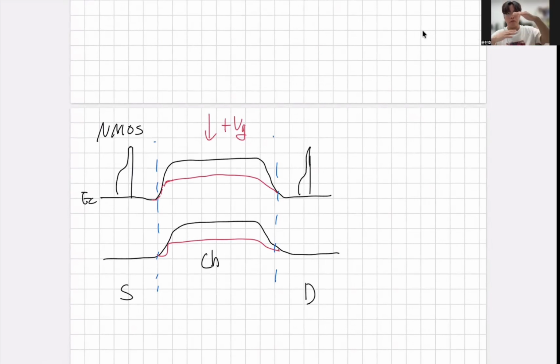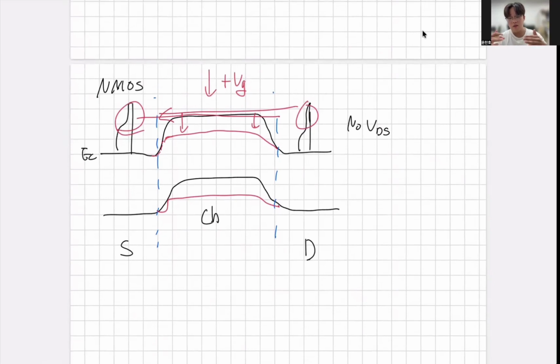So the barrier in the channel goes down, so the excess carriers can move like this, but the conduction bands in source and drain are symmetric. So we can notice this condition has no VDS. The barrier is lower, but there is no current flow.